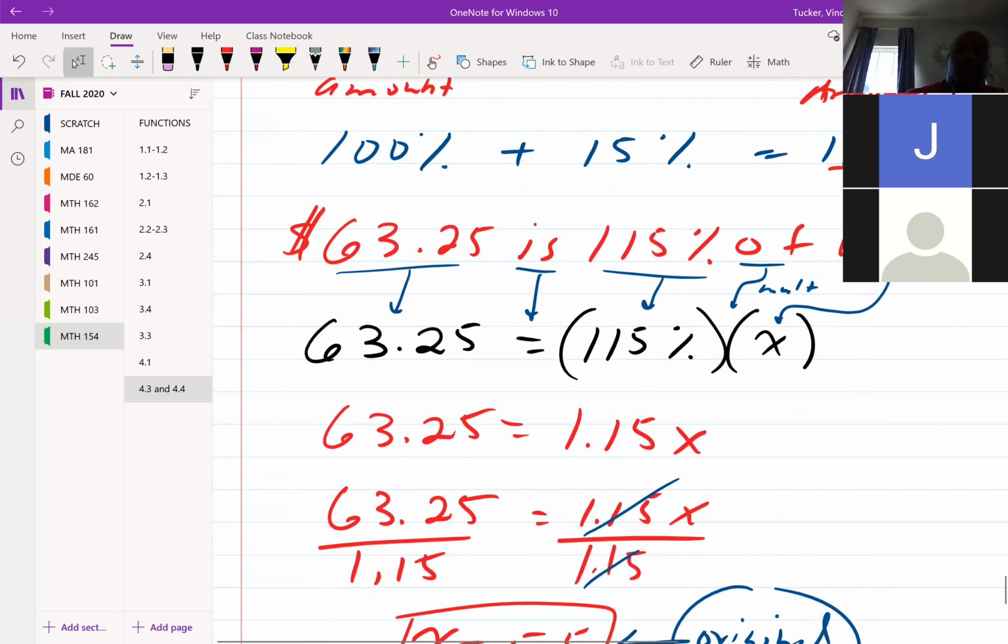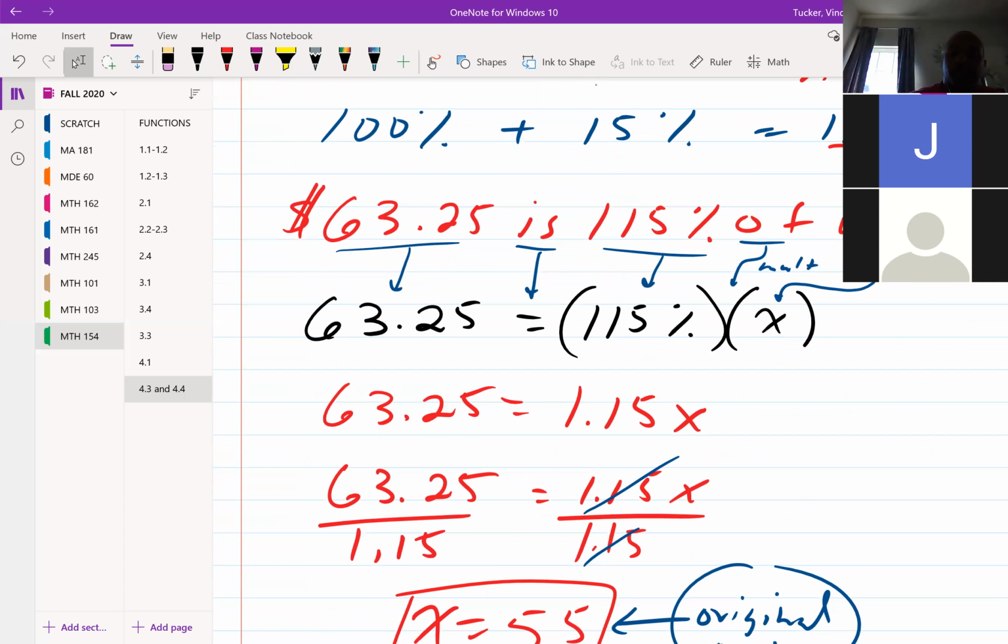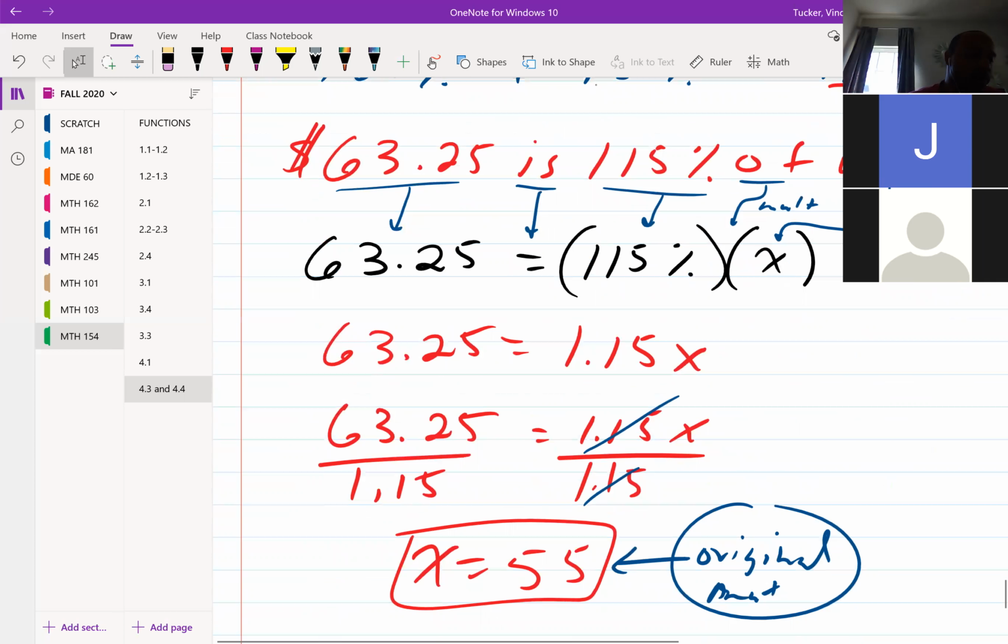So from there, we can divide both sides by 1.15, and our original amount is 55. Any questions?